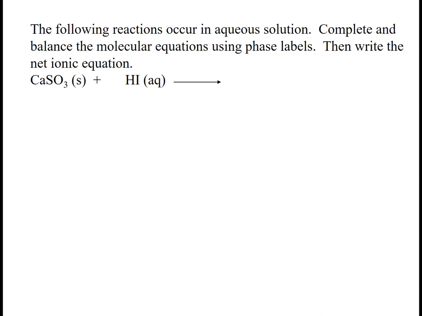Still double replacement, so I have calcium, which is a 2 plus, I, which is a minus, so it becomes CaI2, and that's aqueous. Plus, I have H plus, I have SO3 2 minus, so it becomes H2SO3.